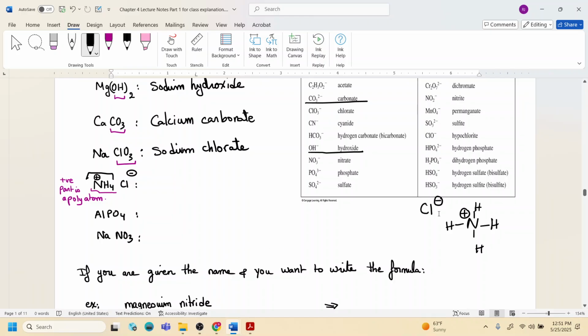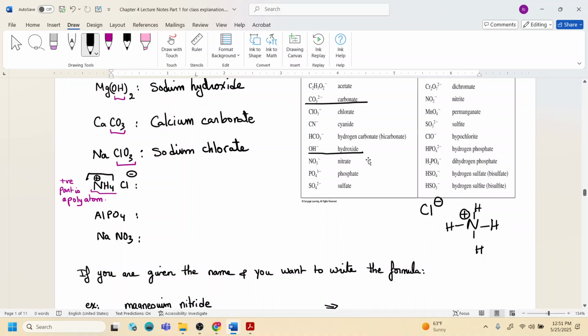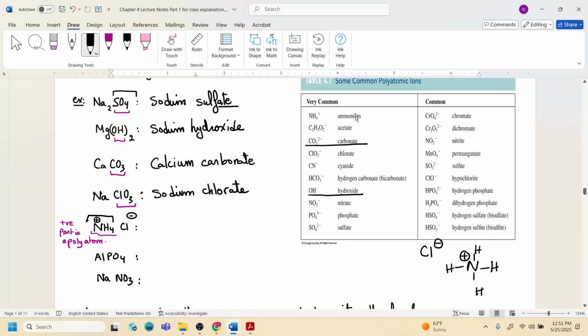The interaction between the chlorine and the nitrogen is an ionic interaction. So you have an ionic bond between the nitrogen and the Cl, but between the nitrogen and all the hydrogens, this is a covalent bond. In this case, I need to start by naming the positive polyatom part first. The NH4 is called ammonium.